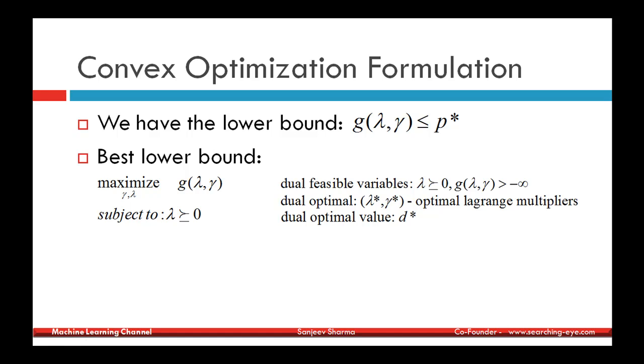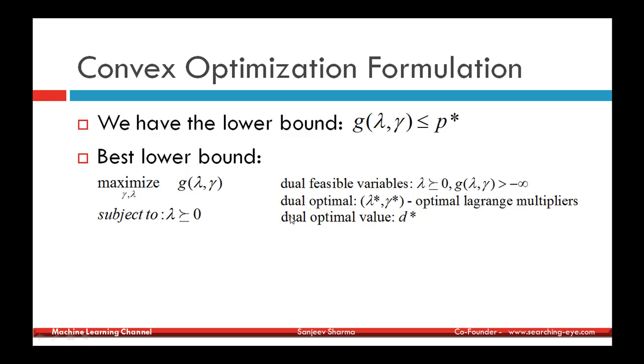Any pair lambda and gamma such that lambda is component-wise greater than or equal to 0, and g of lambda comma gamma is greater than negative infinity, is called dual feasible. The optimal dual variables are represented as lambda star and gamma star. These are also known as the optimal Lagrange multipliers, and we assume that the maximum value of this maximization problem is d star.